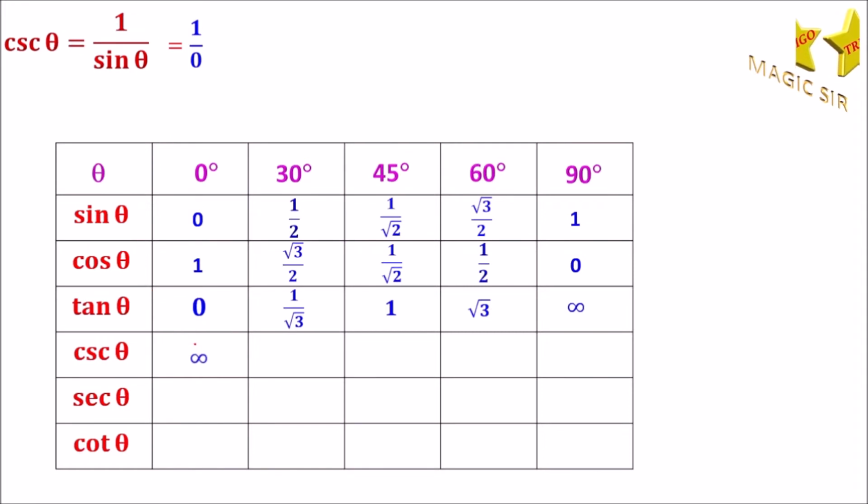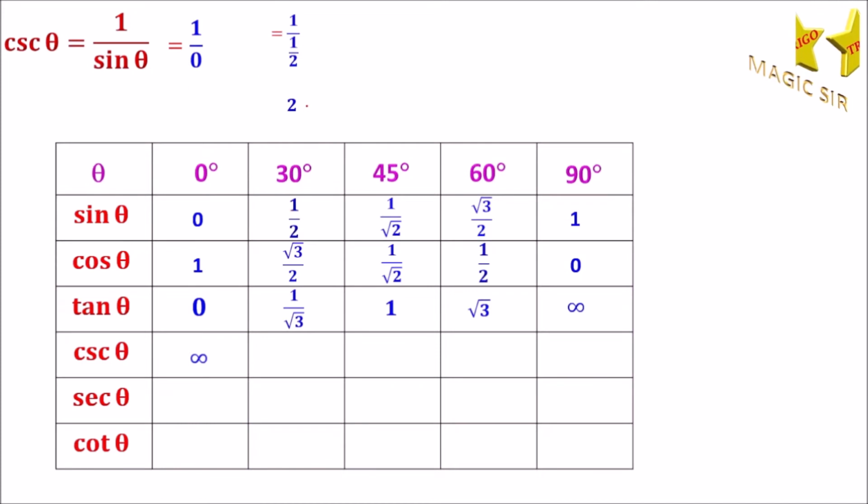Again, for 30 degrees angle, sin theta is equal to 1 upon 2. So we write cosec theta is equal to 1 upon 1 upon 2 is equal to 2.